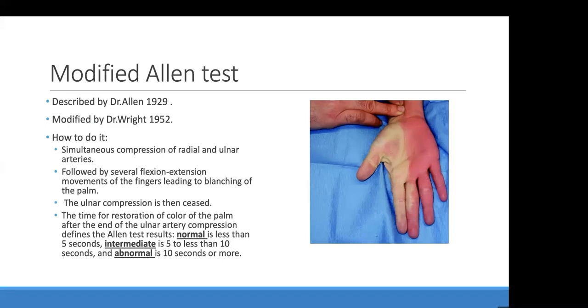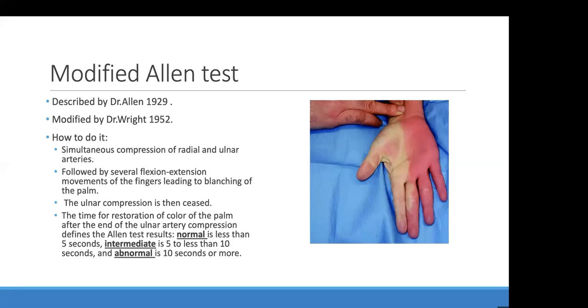How you do it: there is the one with the pulse oximeter, or the clinical one without. For the clinical one, you just compress both arteries, and then you ask the patient to pump his hand to pump the blood out. When the hand is pale, you release your compression from the ulnar side, and then you measure the time.